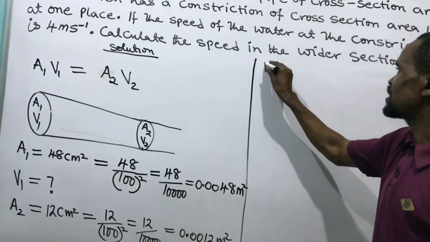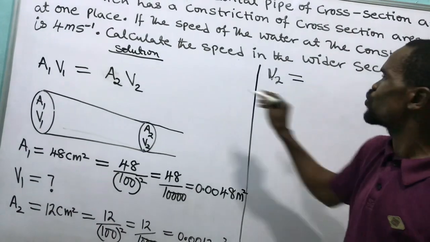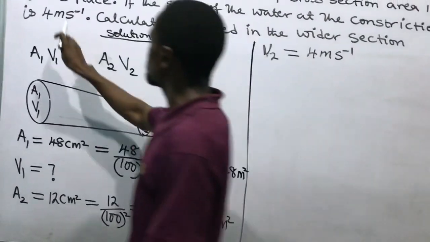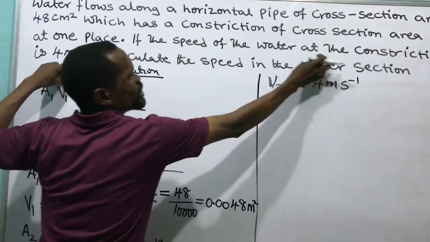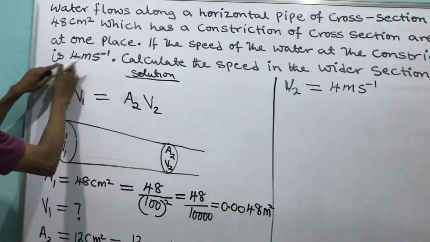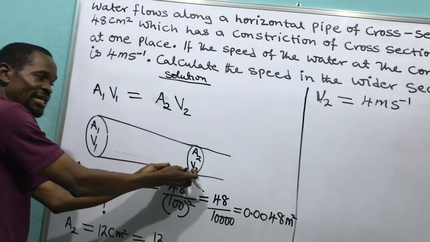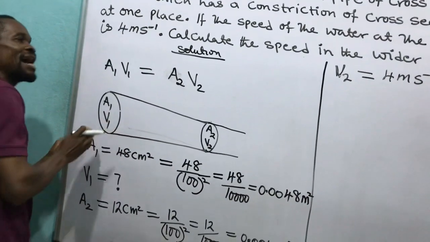constriction part. The velocity at the constriction part is given to me already as 4 meter per second. Look at it here. If the speed of the water at the constriction is 4 meter per second, it is already giving me the speed at the constriction, but what they are asking me is the speed at the wider area.